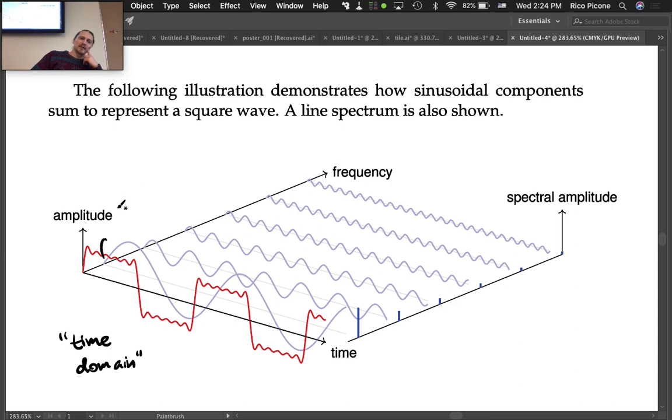So the first one has frequency omega 1. This frequency corresponds to omega, it's actually 3, and I'll explain why we're skipping 1 in a few minutes.